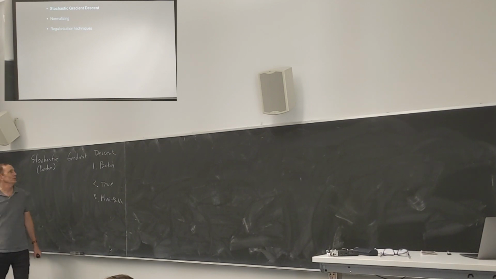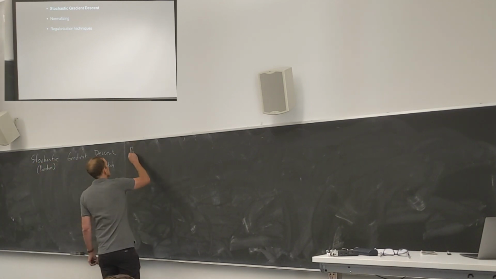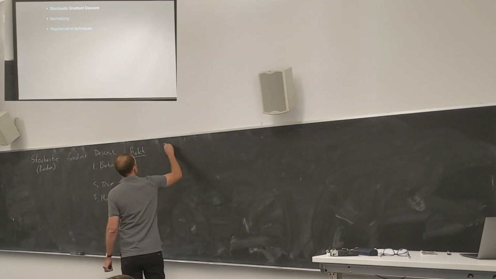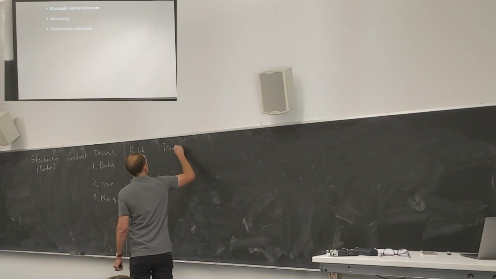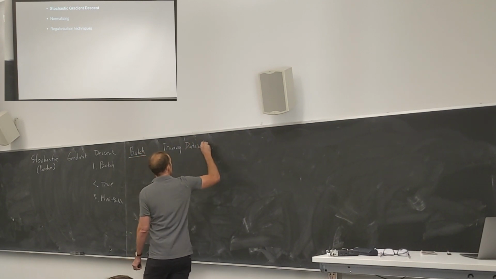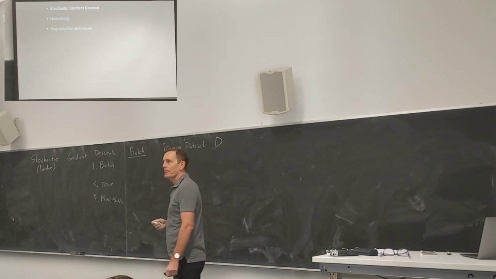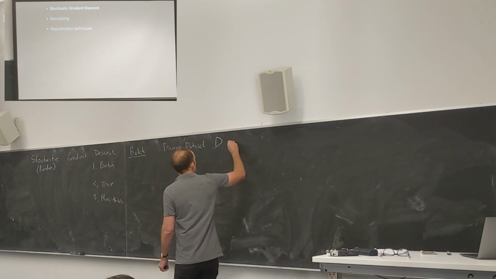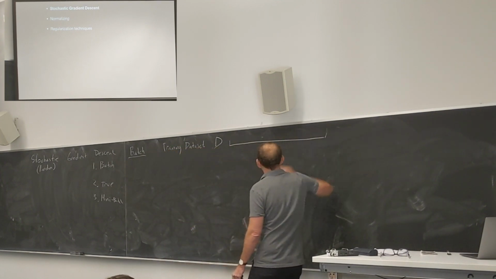So batch, we have our training data set. Let's call it T. Okay? And conceptually, let's say it looks like this.